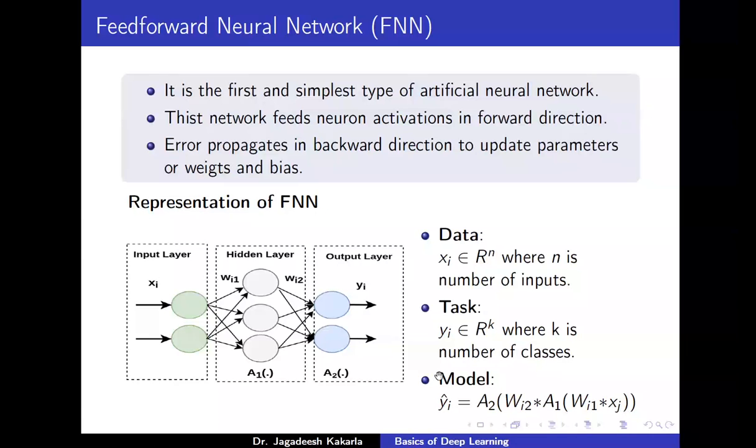Now, how will the model work? I will discuss with a simple example. Here xi is the input and wi is the weight. You do xi into wi and then apply an activation function. Already I discussed that each neuron consists of an aggregation or pre-activation function, and then it has the activation function.